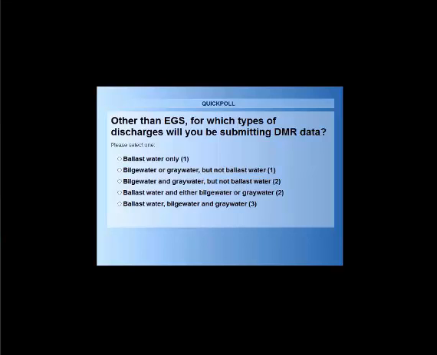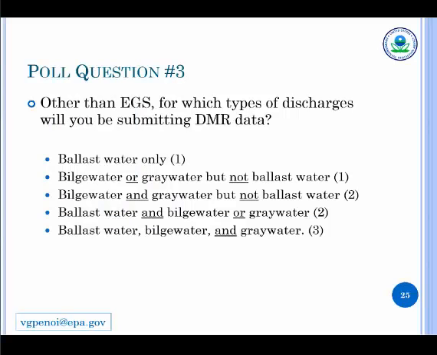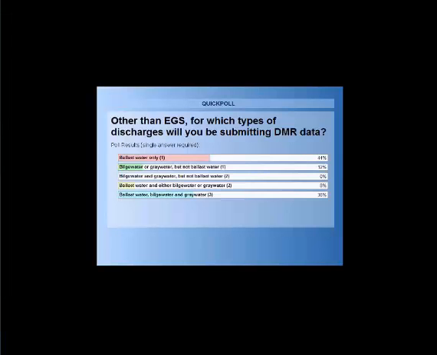So we'll wait for a second and see the responses. Okay, and we have about 30% of you reporting right now, so I'm going to go ahead and close because I know some of you weren't going to respond to that. So you'll see 44% we had ballast water only.